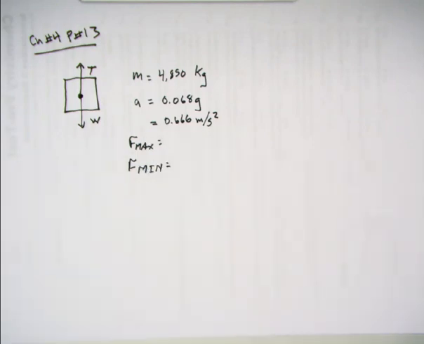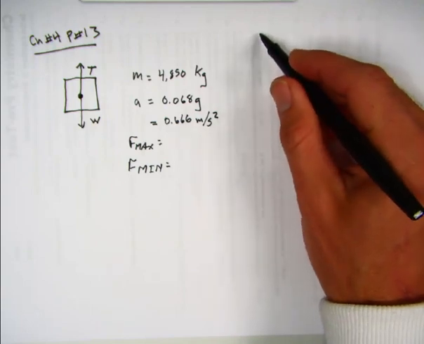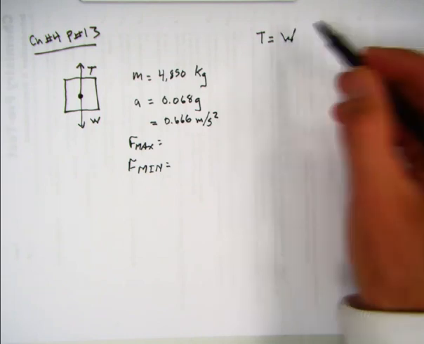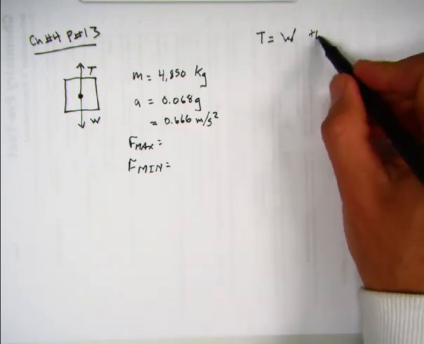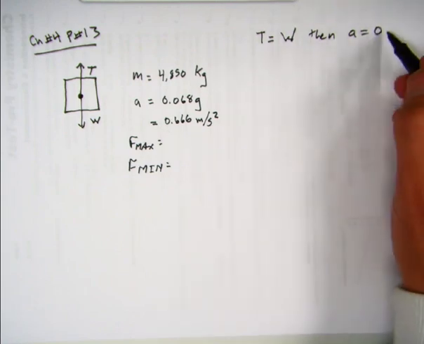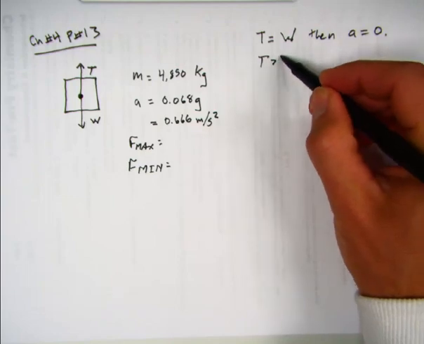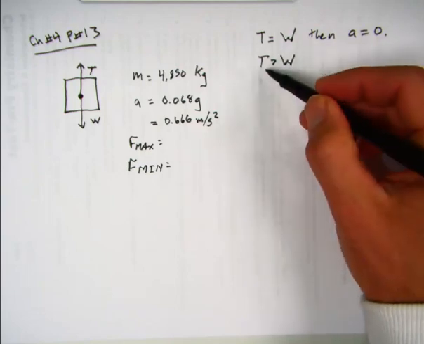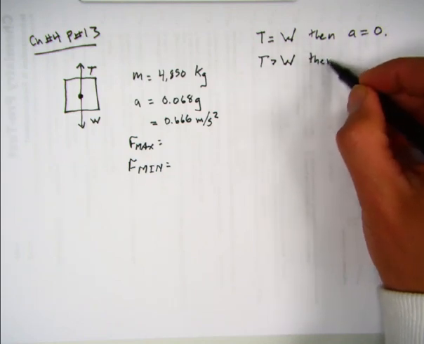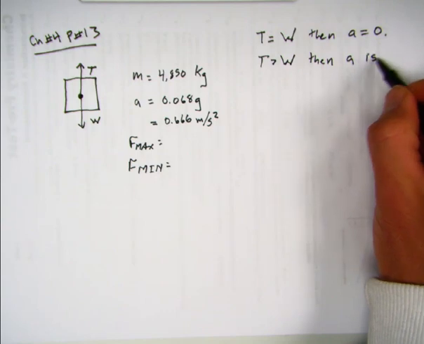Well, let's just think about what is going on here. If the tension force is equal to the weight, then the acceleration of this elevator should be 0. That kind of makes sense, right? Now, if we want the elevator to go up, we would want the tension force to be larger than the weight, then a is up.